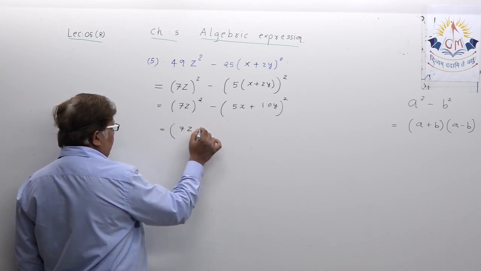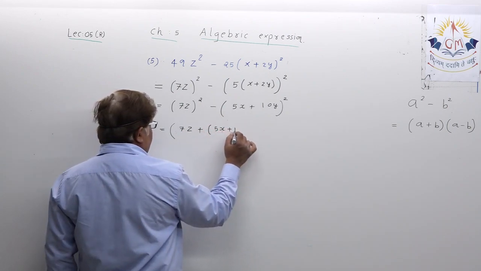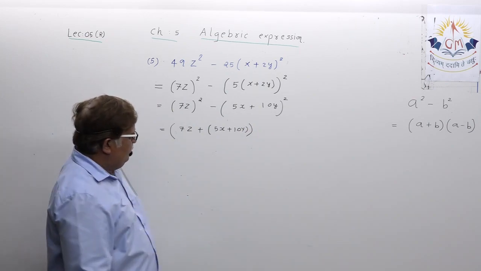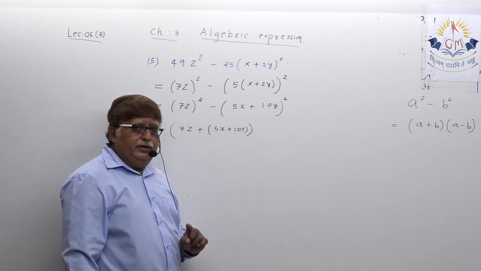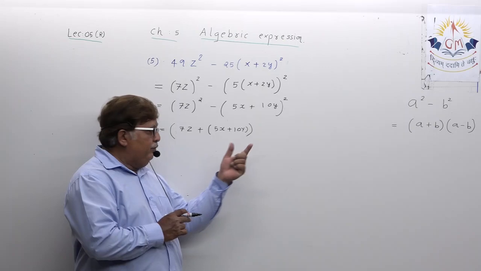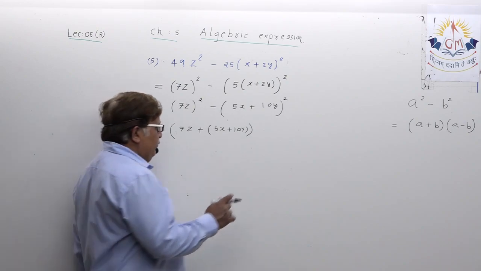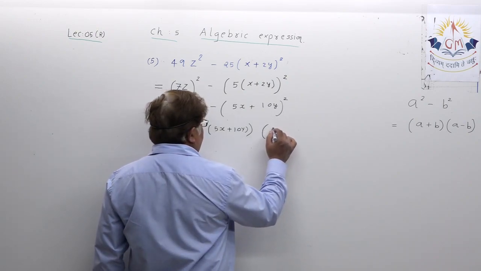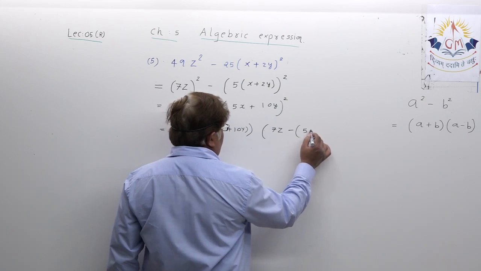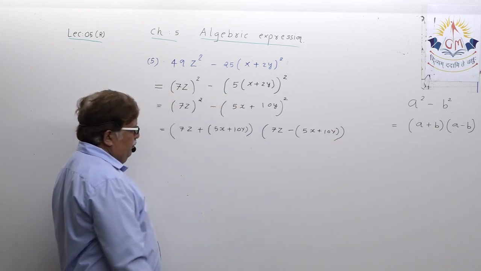A plus B. See, I am writing in bracket. At that time also, when I explain fresh this chapter, in this method I suggested you, whenever bracket appears in the second term, you need to write this way that I explain you, if you can remember. 7z minus 5x plus 10y bracket closed.